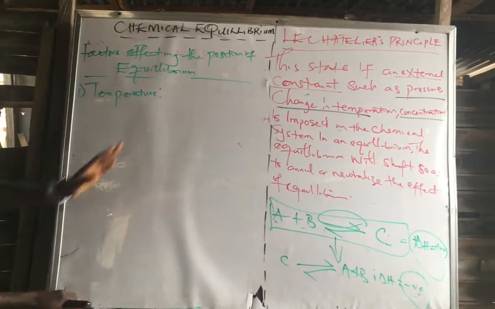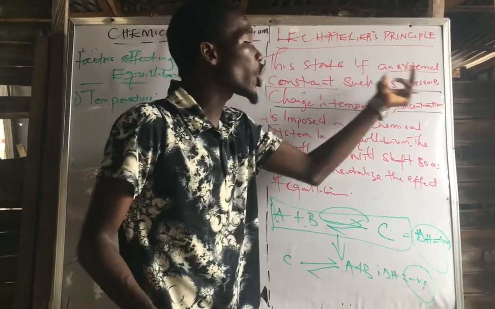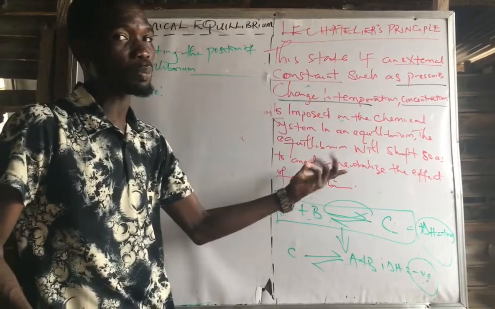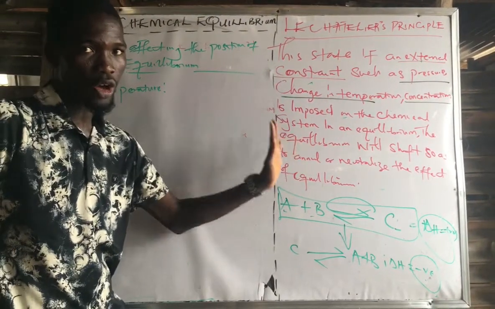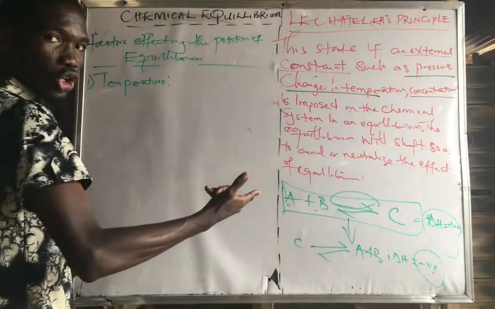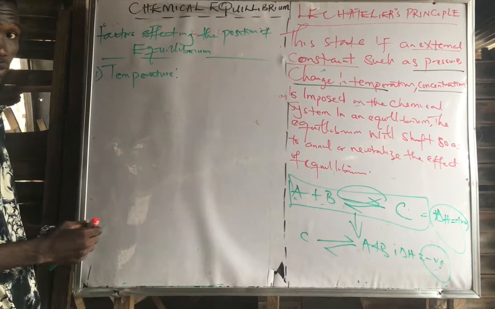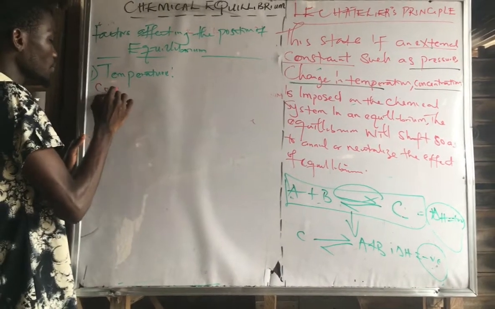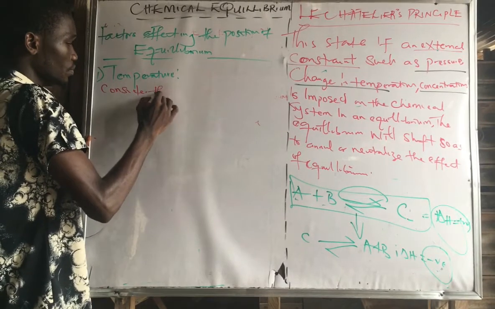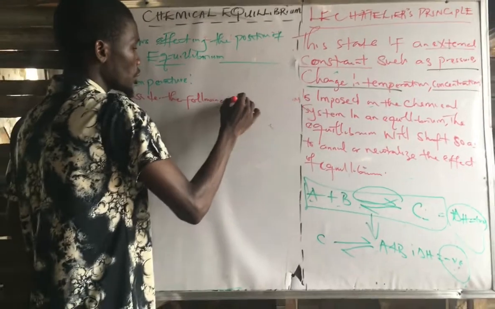Before I go into this, don't forget I told you that the external constraints under Le Chatelier's principle are the change in temperature, pressure, and concentration. So let's see how they impose on the position of equilibrium. For example, consider the following equation.